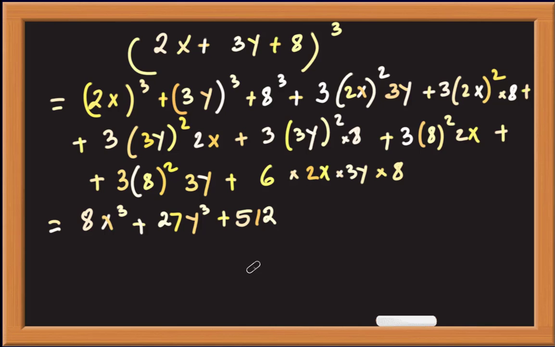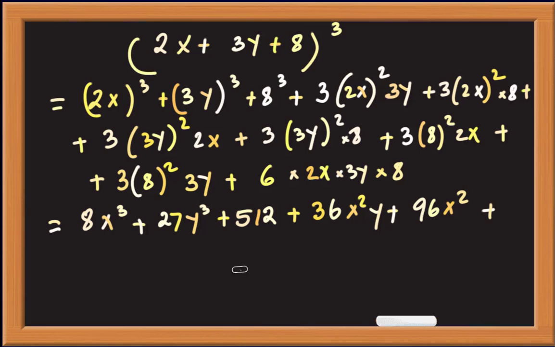Plus 3 times 4 times 3, that is 36 x squared y, plus 3 times 4 times 8, 96 x squared.